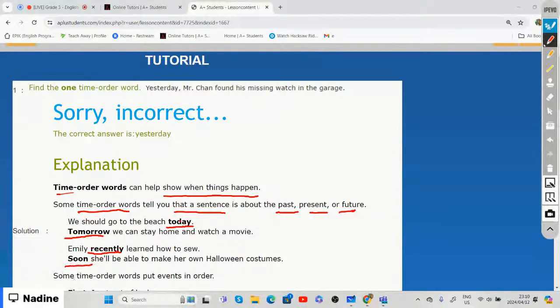So these words that have been underlined in bold are time order words. These time order words tell us when things happen, and it can be in the present, in the past, or in the future.